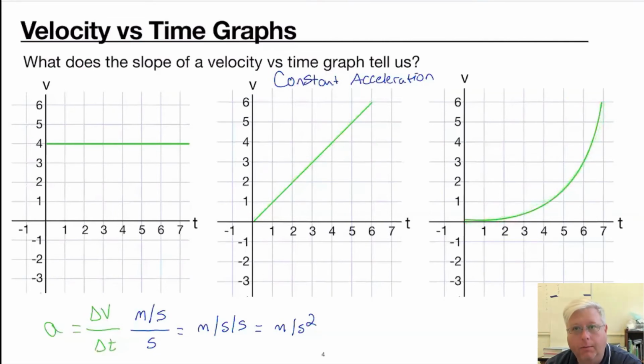Well, you remember on the position versus time graph, we had a curved line that was changing velocity. Well, this is also a changing velocity, but because it's curving, it's not a straight line, it's not a constant acceleration. Now it's a changing acceleration.